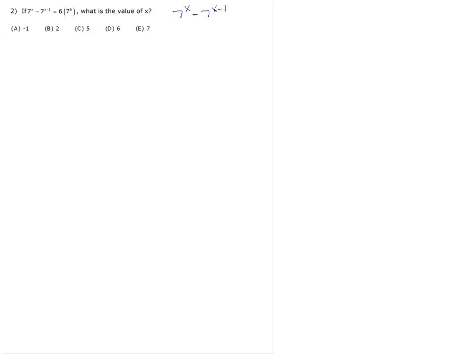A lot of starting students, and even some advanced students, will say there's a way to subtract these. No, there's really not, especially with pen and paper. Subtraction of exponents like this, and addition for that matter, is all about looking for a factorable opportunity. And this is a very factorable opportunity. So we're never going to try and subtract those. Instead, we're going to try and pull a common factor out.